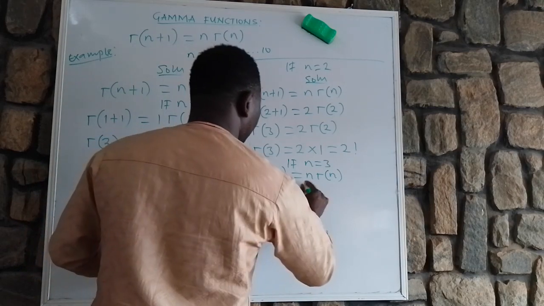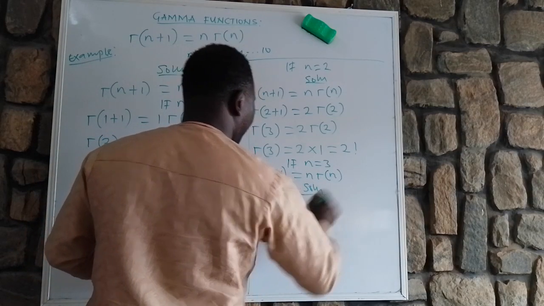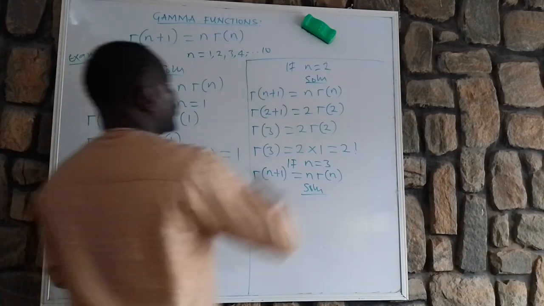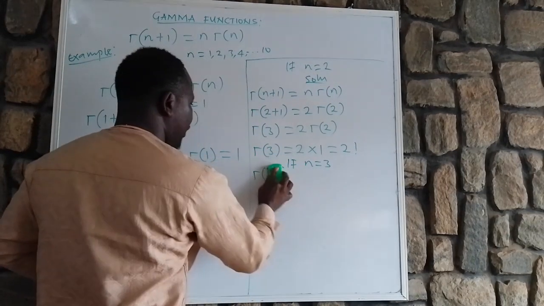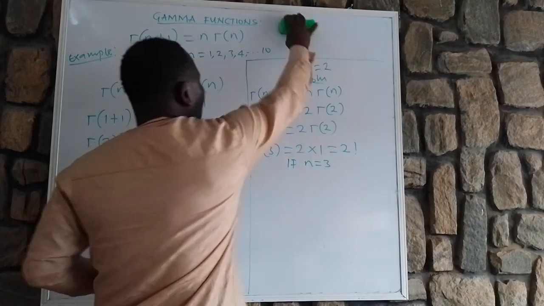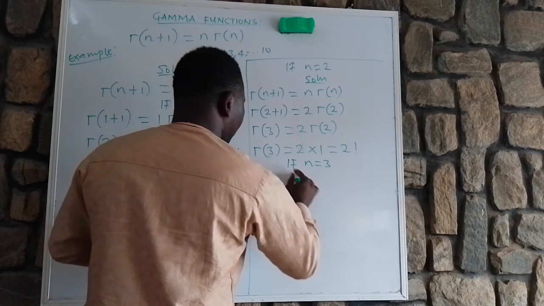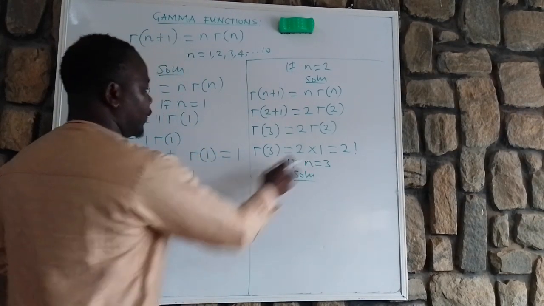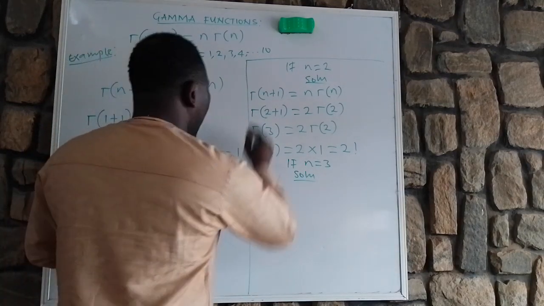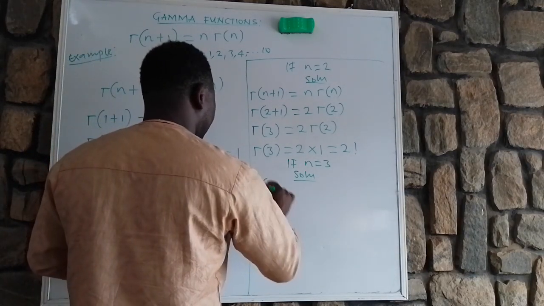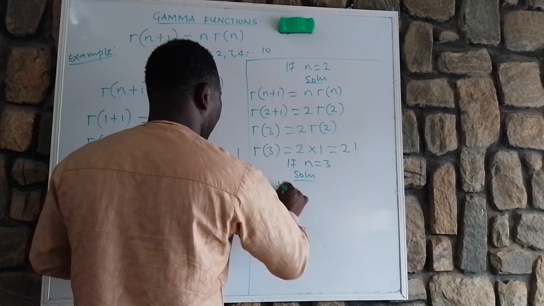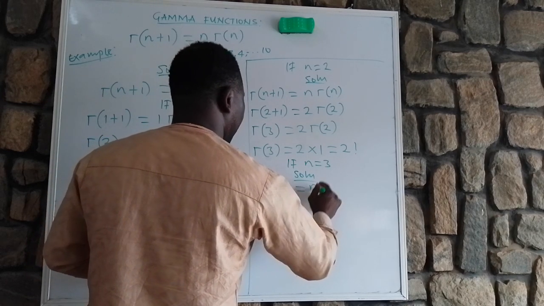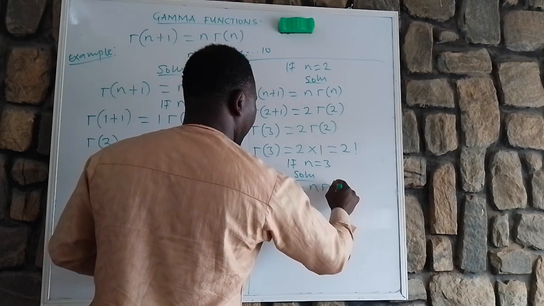We now write the solution. It means we want to find if n is equal to 3. So the formula is gamma of n plus 1 is equal to n gamma of n.